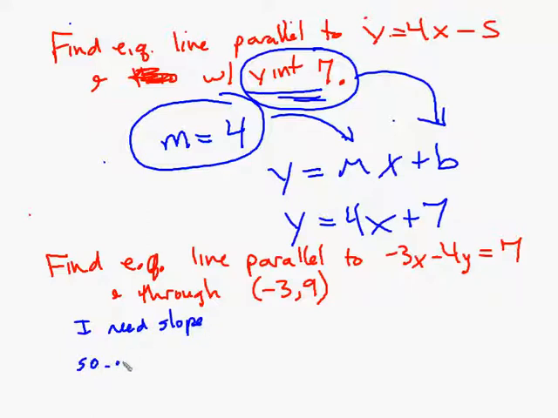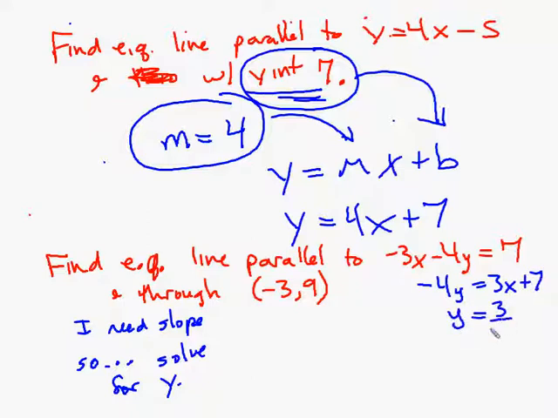So I'm going to solve for y. I add 3x. Don't drop that negative. Now divide by negative 4. So y equals 3 over negative 4 x plus 7, I move that negative up. So what's my slope? m equals negative 3/4. Okay, so that's the slope that I need.